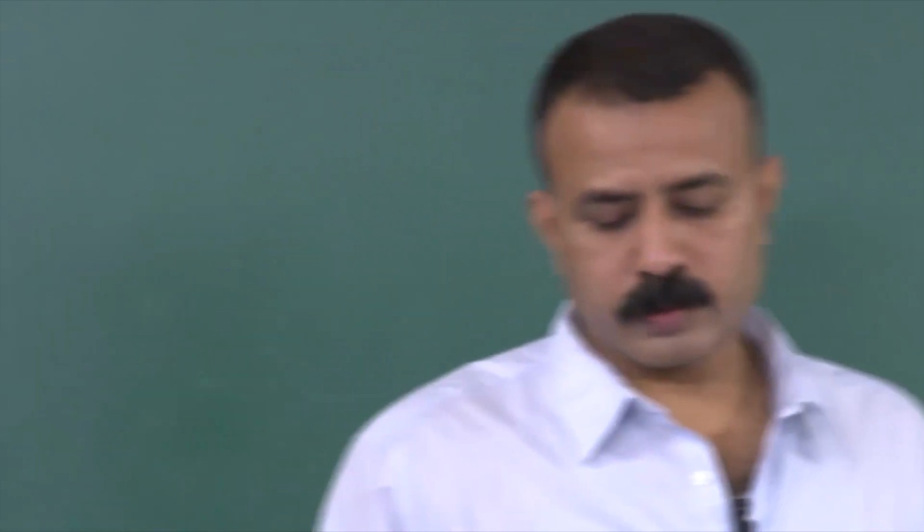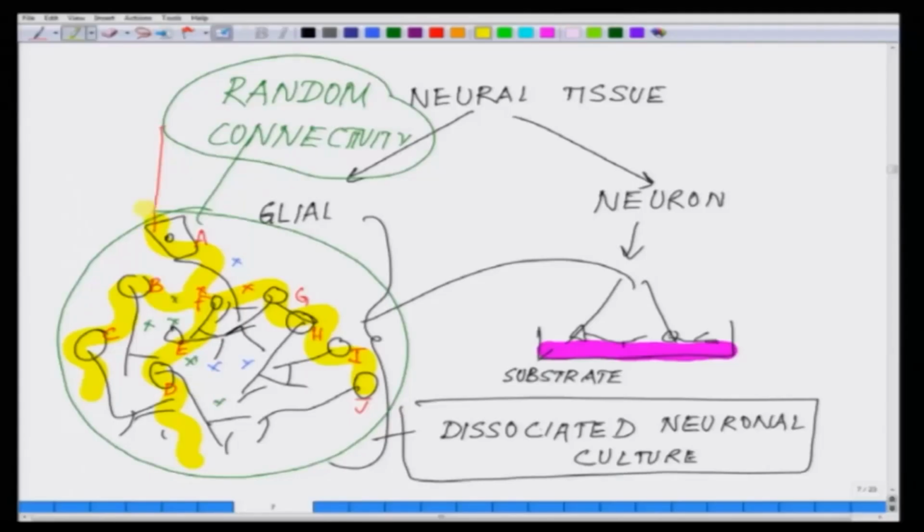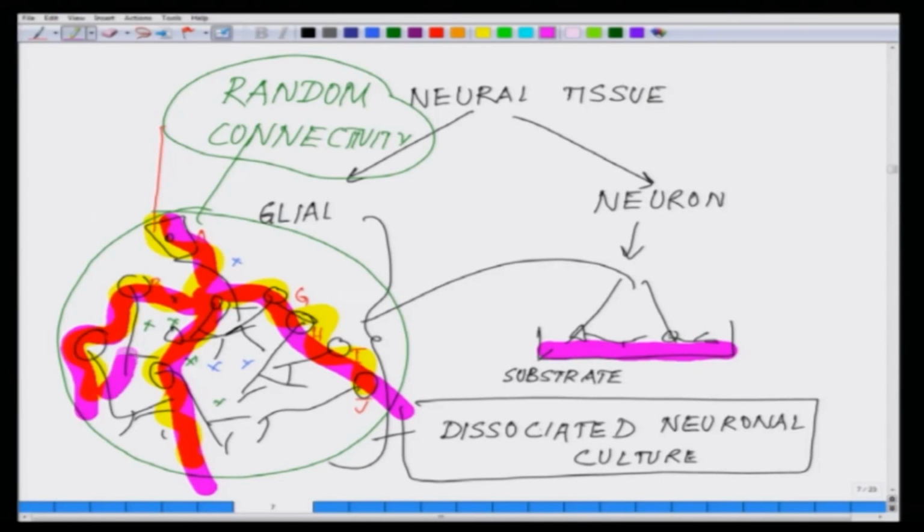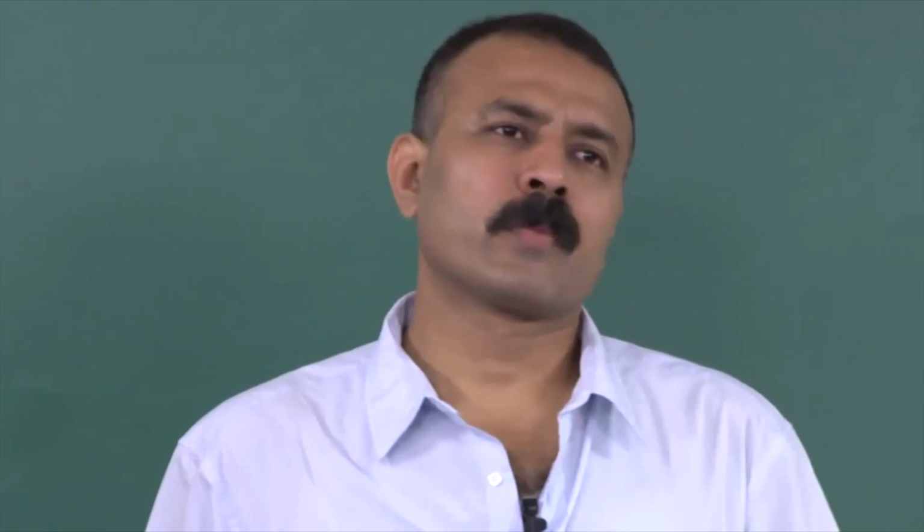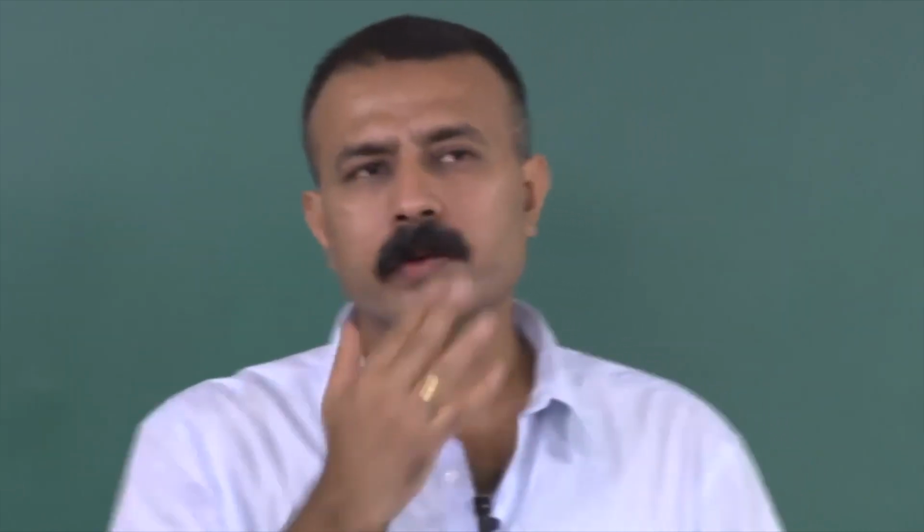I cannot trace it, because the signal may move like this, like this, or like this, it may take a back turn, or it may have a connectivity like this. So, there is no way I can figure out how the network exactly functions. Network behavior is really tricky.